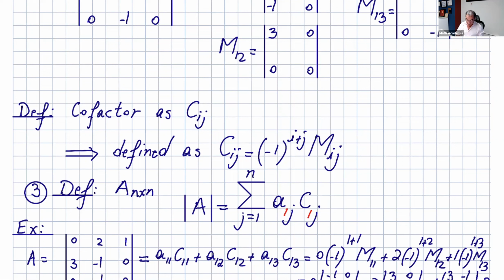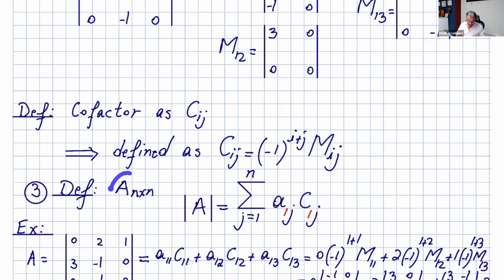Now, why do we do this? Because when we want to find the determinant, the sign is very important, and this defines the sign that you're going to have. So if i plus j is odd, then you're going to be left with -1. If it's even, then it's going to be +1. And we will see that in some examples.